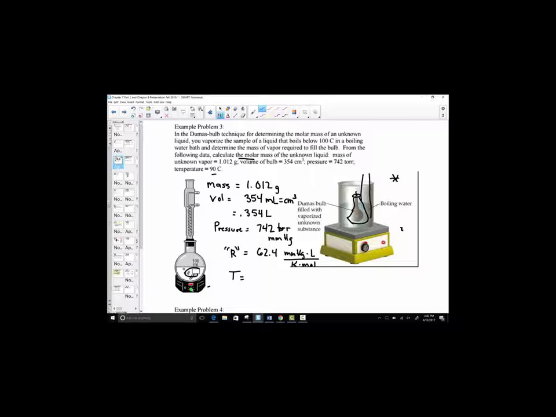Notice that your thermometer will actually be out here in the hot water bath, and we'll assume the hot water is the same temperature as the gas inside. So if it's 90 degrees Celsius, we'll convert that to Kelvin by adding 273, and we get a temperature of 363 Kelvin units.